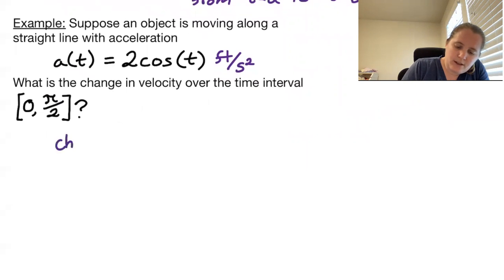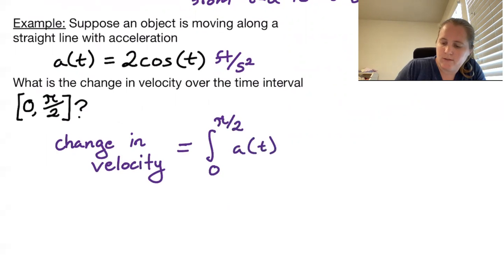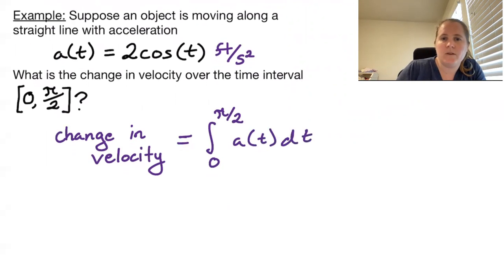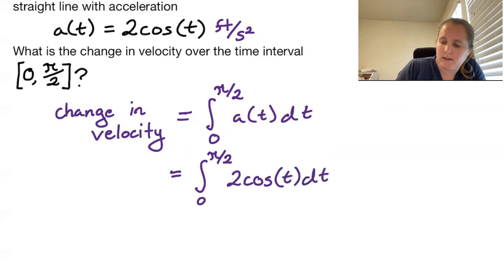So our change in velocity will be the definite integral from 0 to pi over 2 of acceleration dt, or a definite integral from 0 to pi over 2 of 2 cosine of t dt.